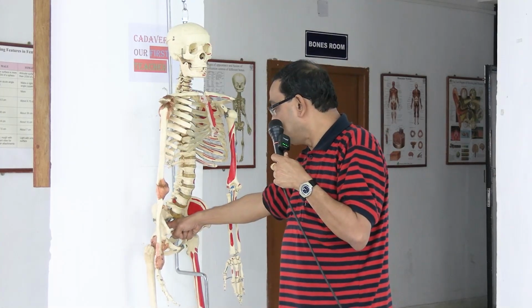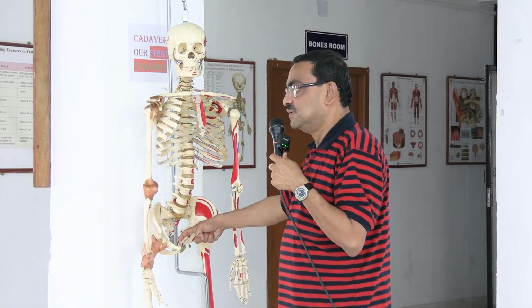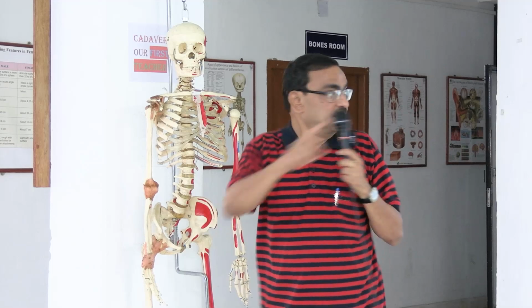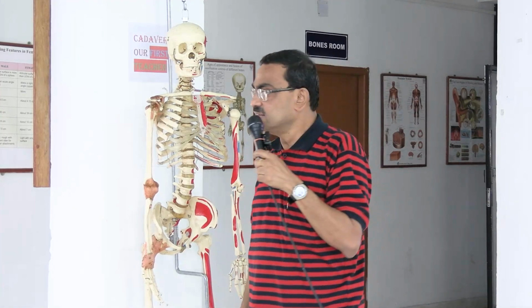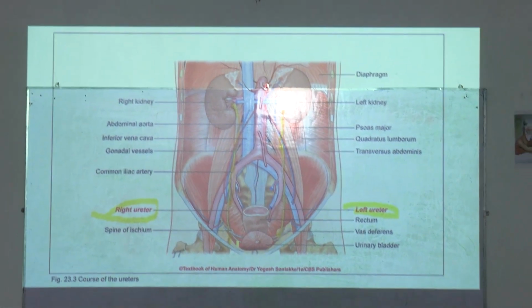From the ischial spine, it comes obliquely forward and ultimately ends in the superolateral angle of the urinary bladder.